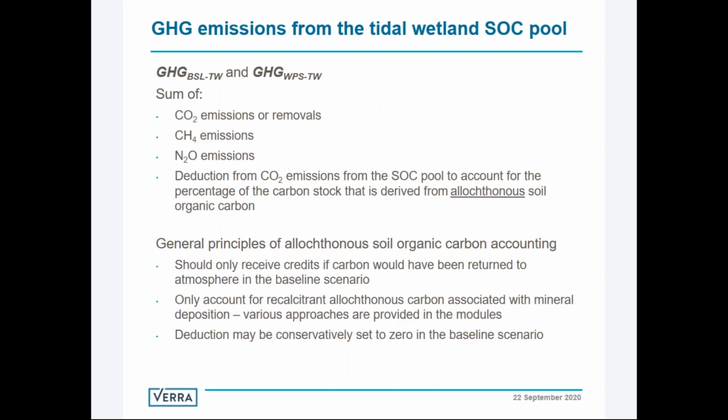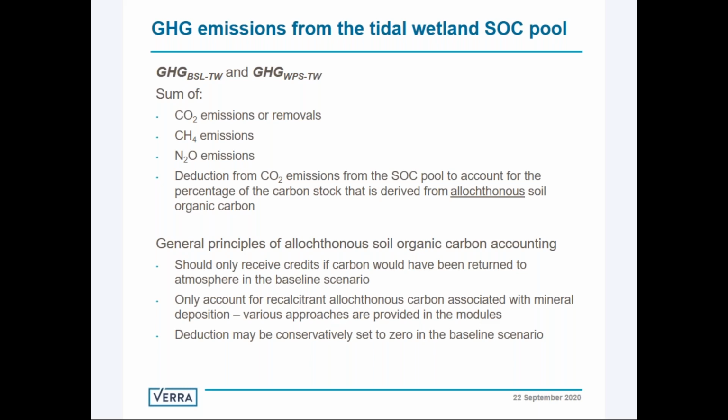Next slide, please. And I will just mention that the procedures for that are included in the stratification module, so look there. So greenhouse gas emissions from tidal wetlands, soil carbon pools, it's the sum of CO2 emissions and removals. You also factor in methane emissions as well as nitrous oxide emissions. Deductions from CO2 emissions from the soil carbon pool to account for the percentage of carbon stocks that is derived from allochthonous soil organic carbon.